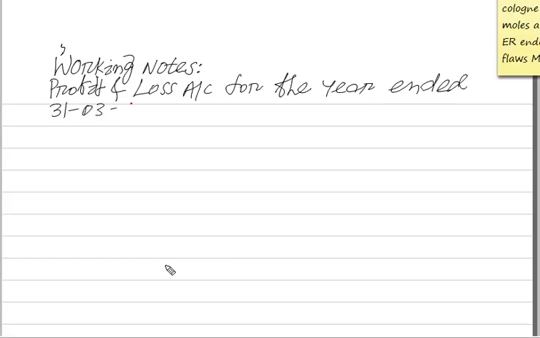If no date is given, it is written for the year 2013-14, and it can be assumed to be ending on 31st March 2014.